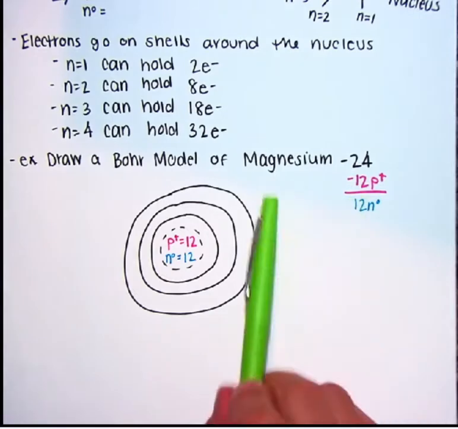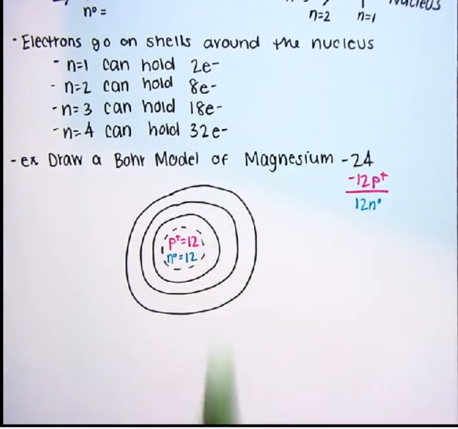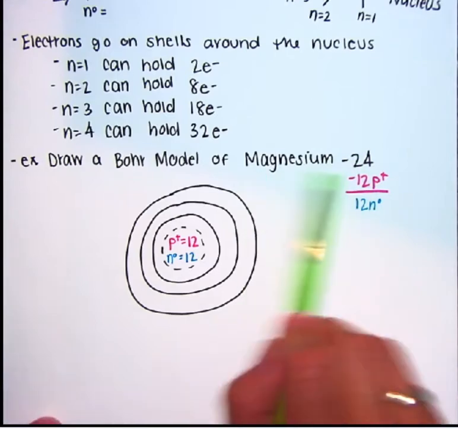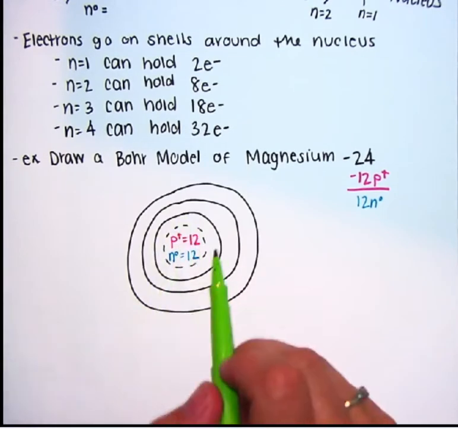Next, whenever we have this notation system, it's always going to be for an atom. If it was an ion, we would use our A to Z notation. Always assume that this notation system is going to be neutral. So if there are 12 protons, there must also be 12 electrons. We can't just put them wherever we want.